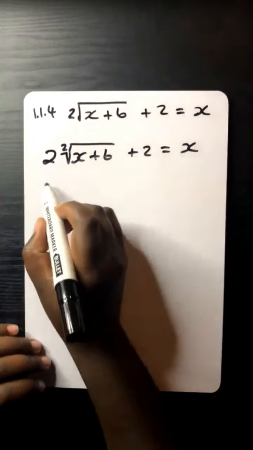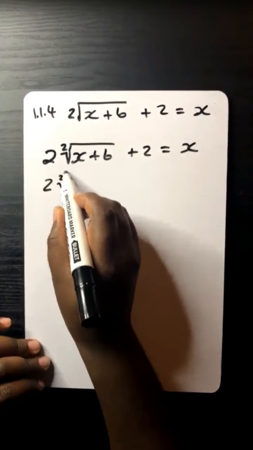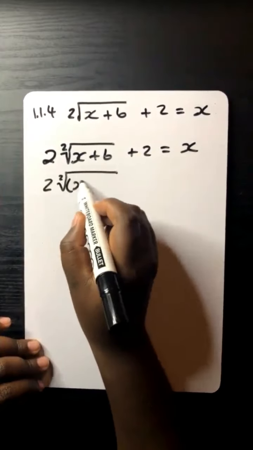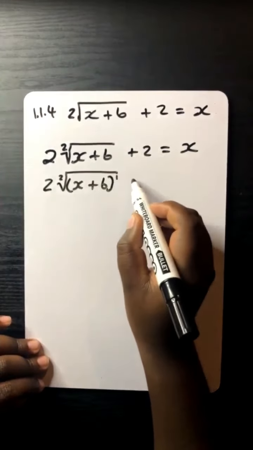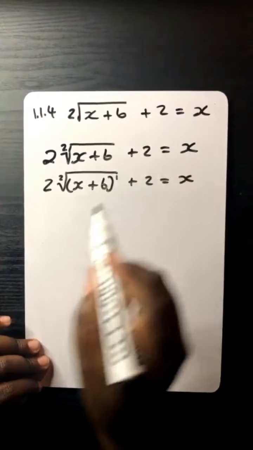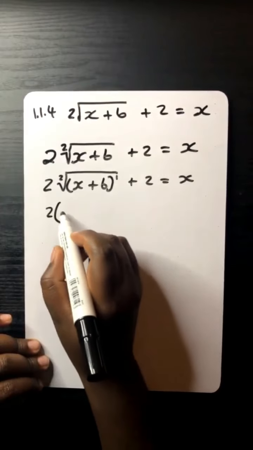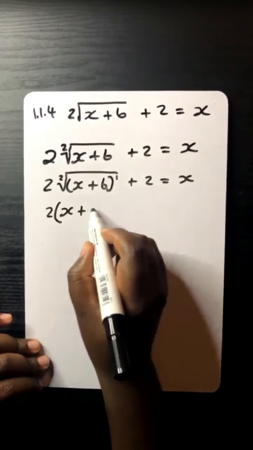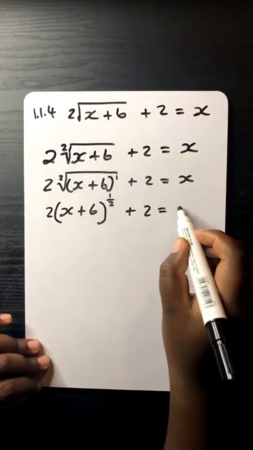Therefore, it means we've got 2 square root of x plus 6, there's that exponent over there, plus 2, equal to x, which means we've got 2 into x plus 6 in brackets to the exponent 1 over 2, plus 2, which is equal to x.